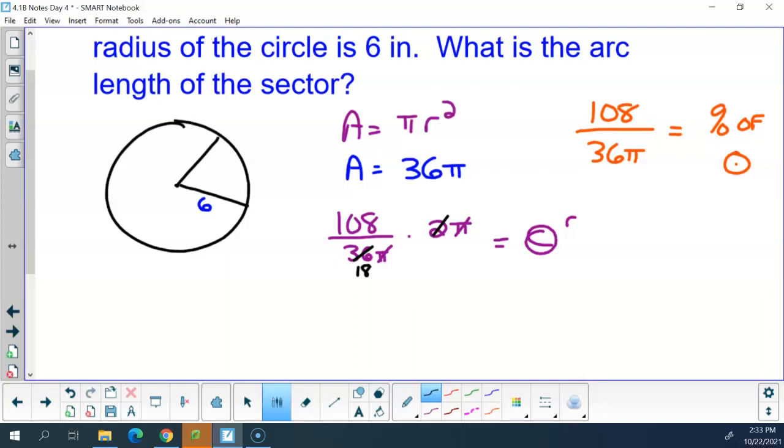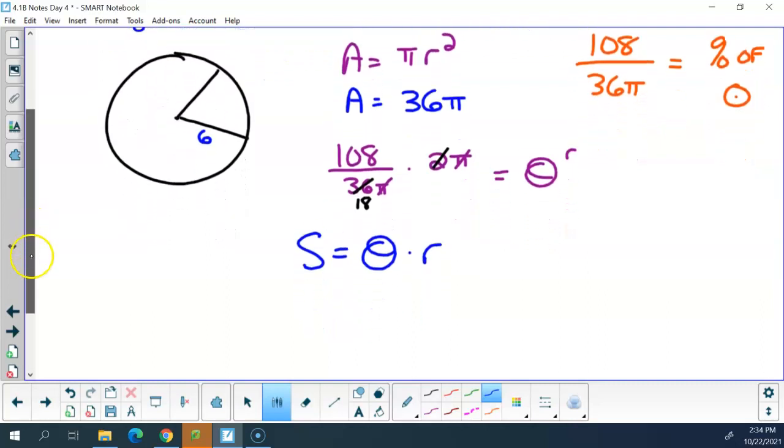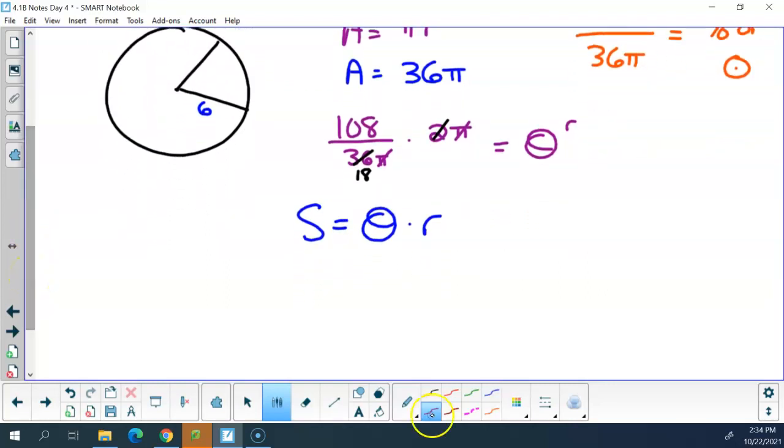Okay. What's the arc length formula? S equals theta times r. Well, if this is my theta, and my radius is 6.